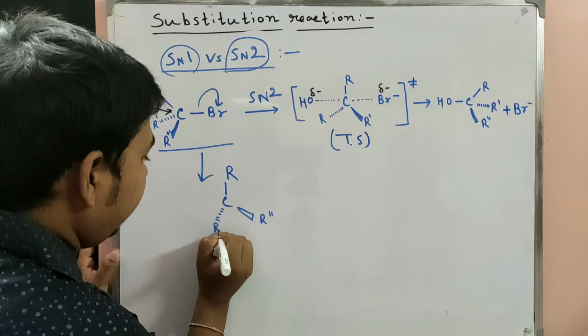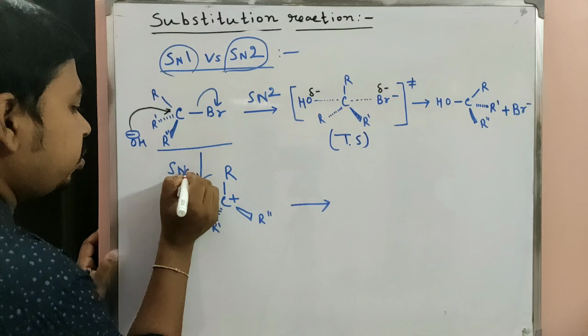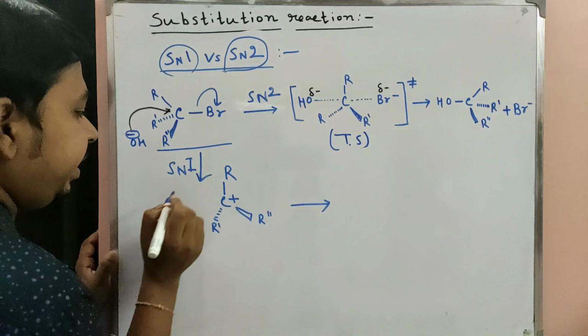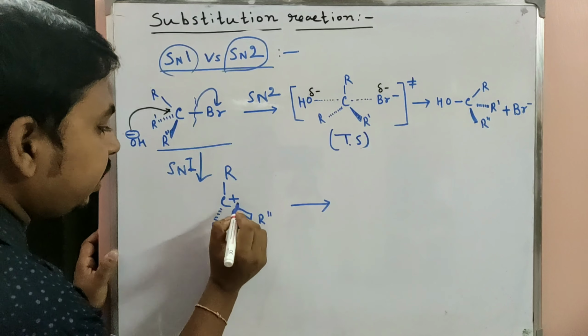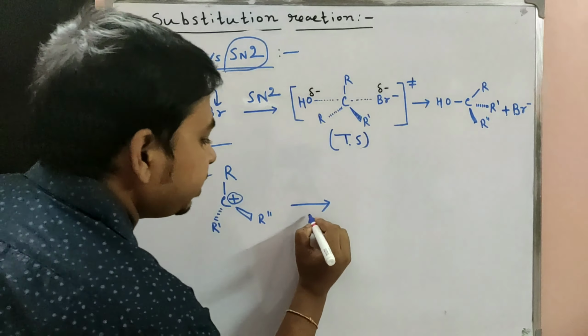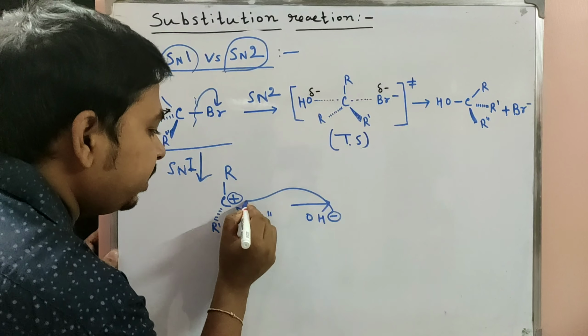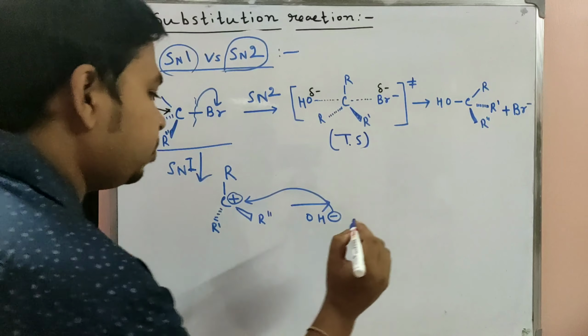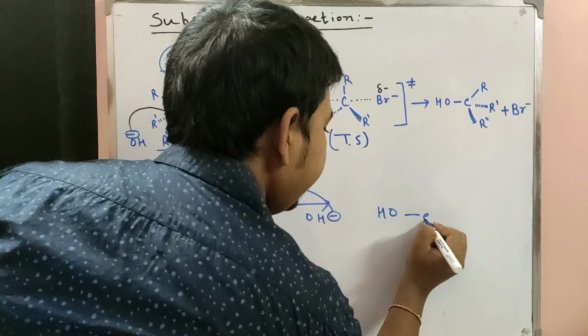This one is the carbocationic intermediate. When the reaction goes through the carbocationic intermediate, at first Br is removed and then the carbocation forms. After formation of this carbocation, OH minus attacks this center, and the product forms.